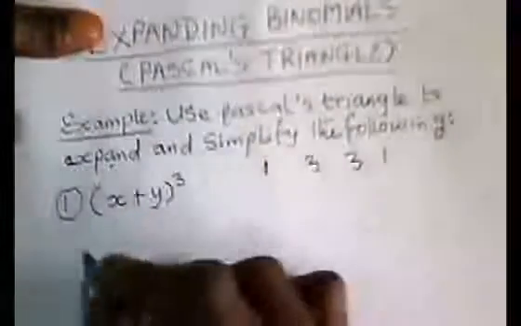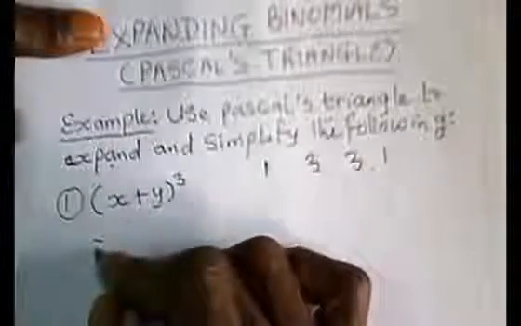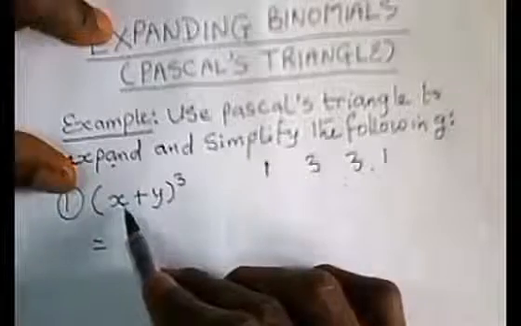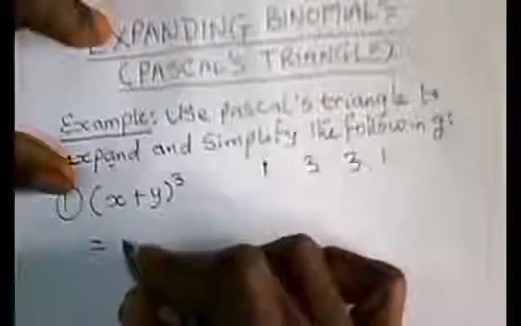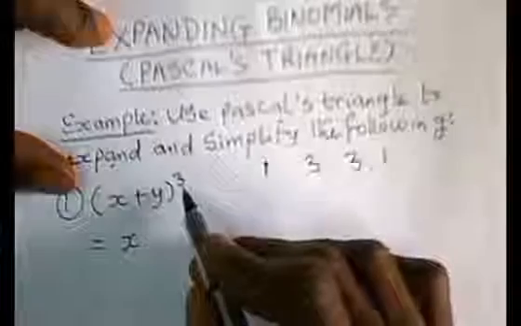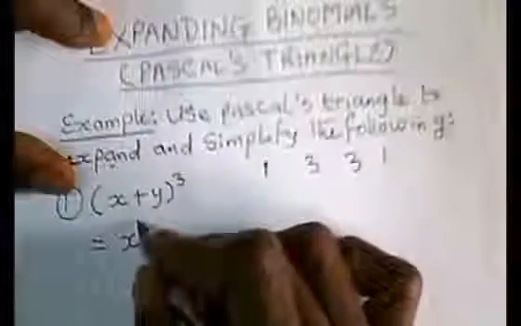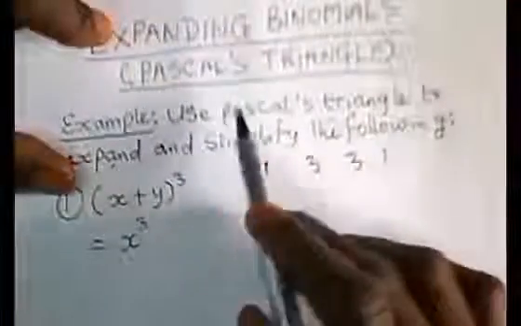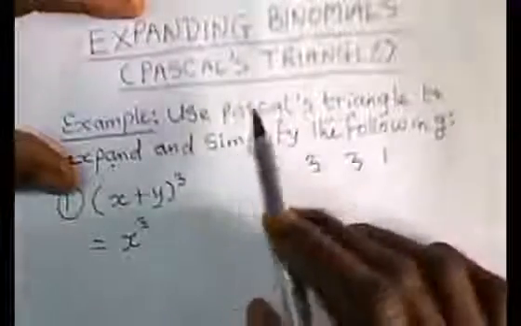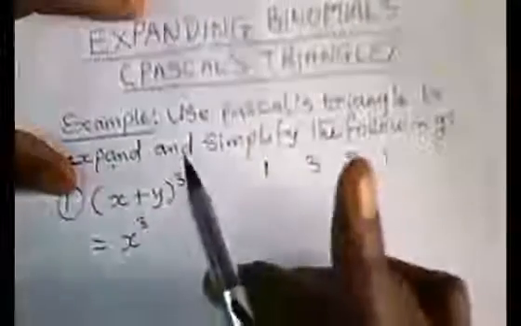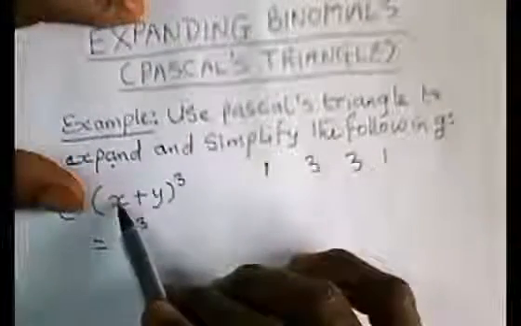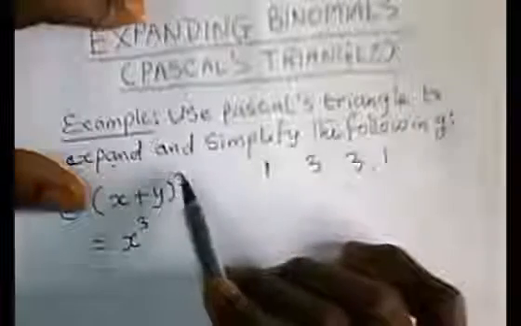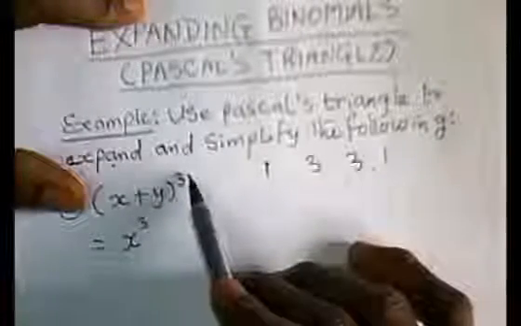So how do we use these coefficients to expand? Over here, I put my equals sign. The first thing we are going to do is take the first term, x, and raise it to the power 3. For us to expand binomials using the Pascal triangle or any other method, the very first thing we do is raise the first term to the given power in the brackets.